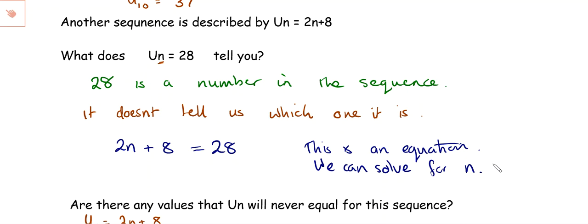Now I think basically what Jack did was he looked at it, and it's quite an obvious one. He went, well, something plus 8 is 28, so that must be 20. And that's actually what we do. We just have to put it in writing in a clear way.